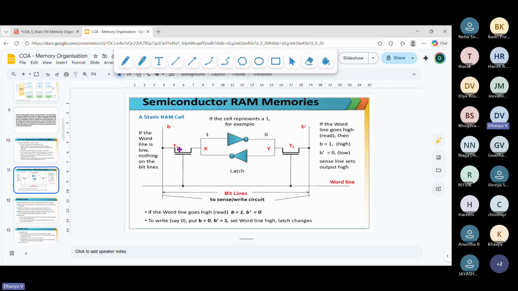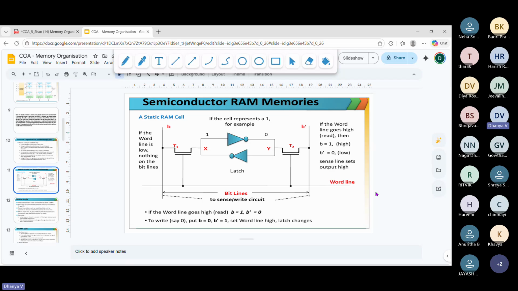So that means they will be in off state, right? If they are off, then only the cell is remaining. So that cell is isolated and the contents stay with it. So it behaves like a proper latch when the word line is 0.